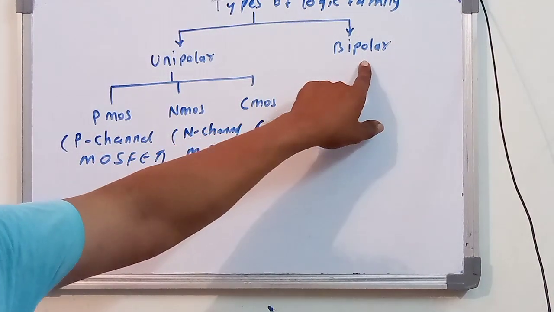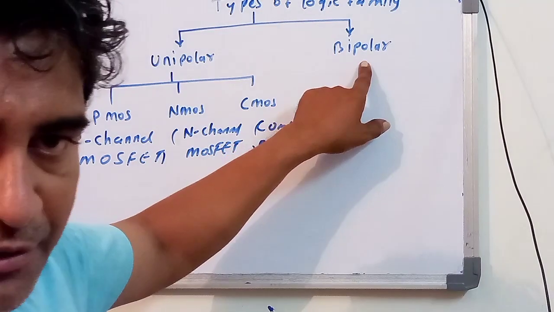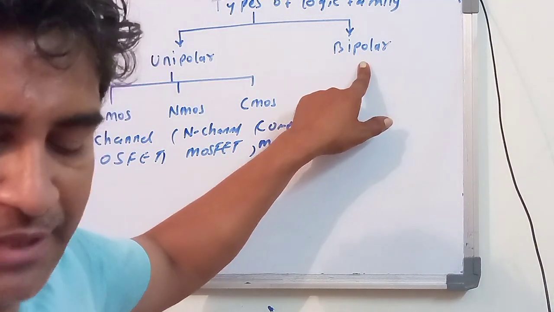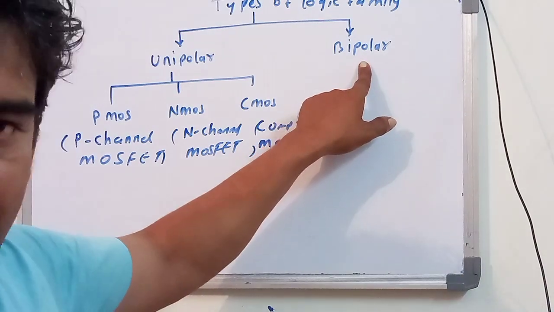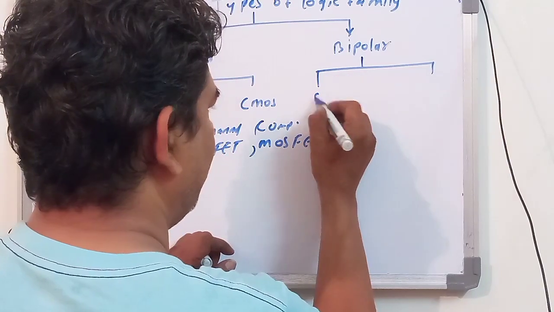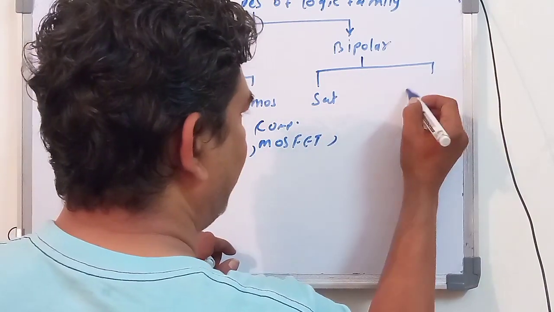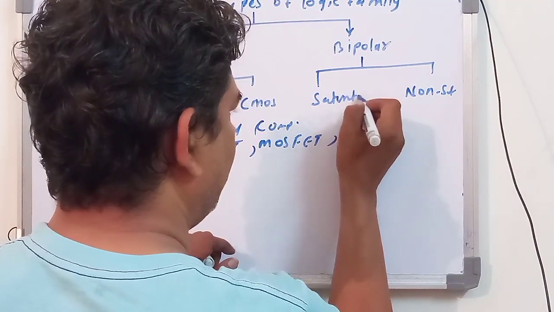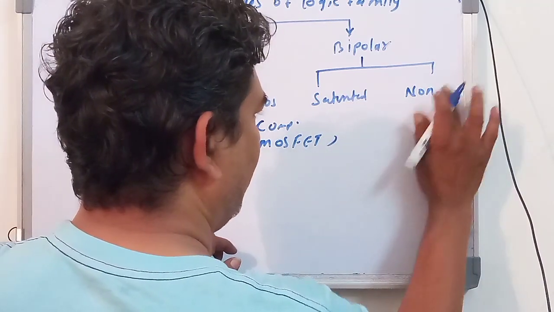Then comes the bipolar. This bipolar logic family has been classified again into 2 types, that is the saturated and the non-saturated.